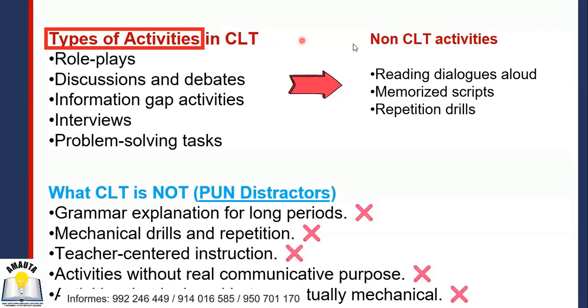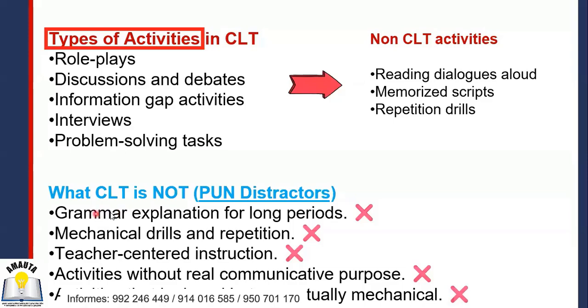So, in order to continue with this, here we have the common traps, right? For example, you should be alert when the activity includes long grammar explanation, that the teacher is the center of the session, that TTT, right? Remember that teacher talking time, right?